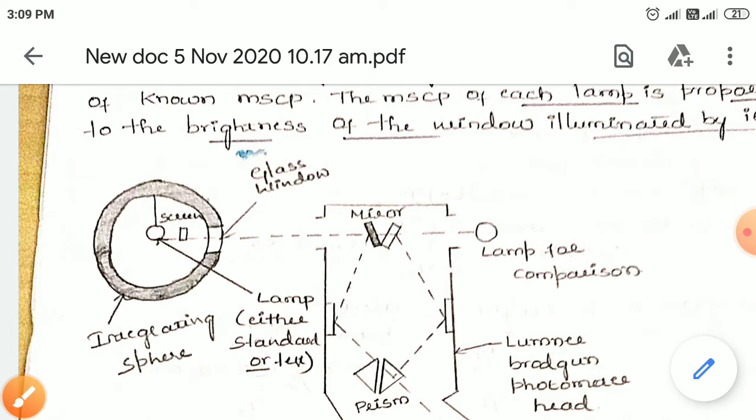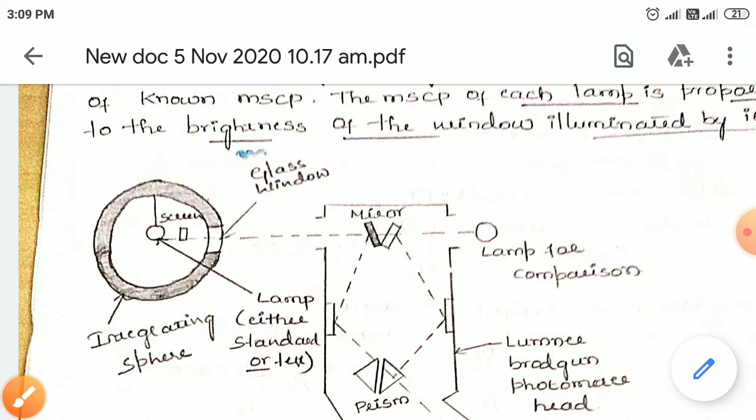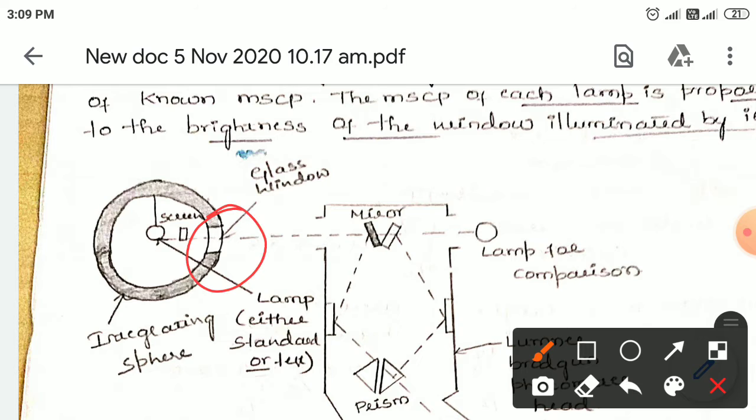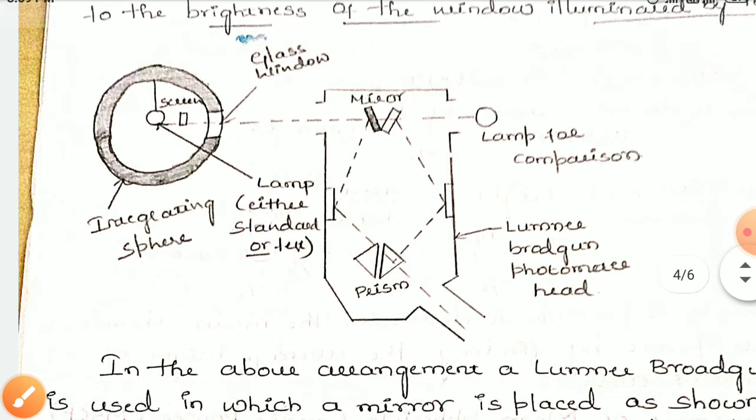Then we place a lamp of known MSCP. The MSCP of each lamp is proportional to the brightness of the window illuminated. By comparing those two brightnesses, we can easily find out the mean spherical candle power of the lamp.